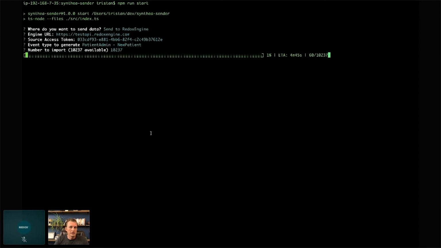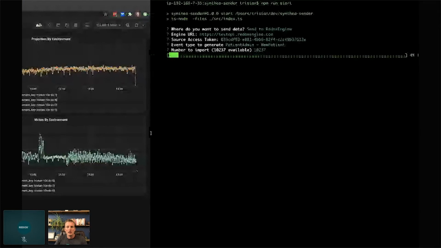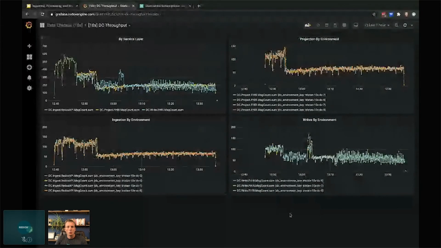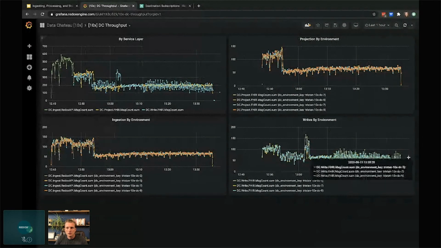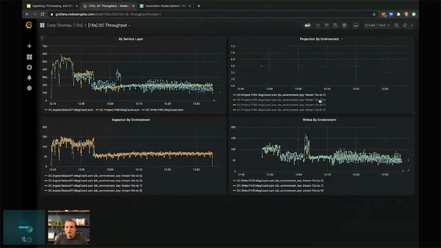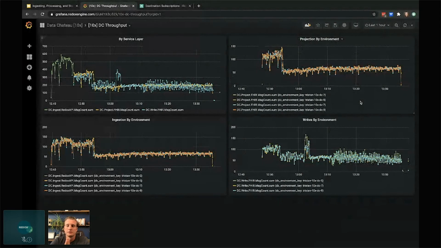So I've just sent 10,000 events to a Redox engine source, and there are 4 data on demand environments already subscribed to that source, and we have just subscribed an additional one, so we should see a 5th show up as well.